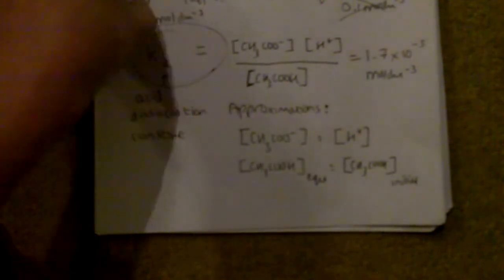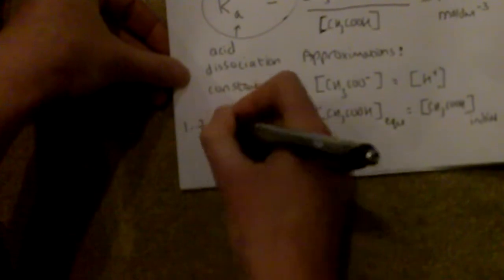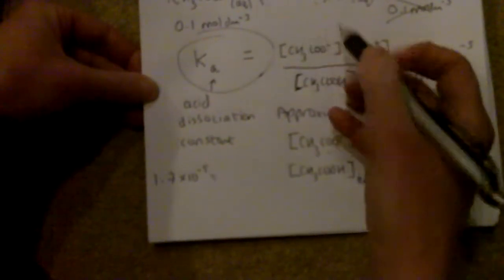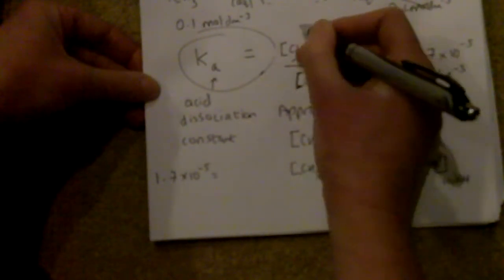Let me just squeeze it on the bottom down here. If we know that Ka is 1.7 times 10 to the minus 5, and we know that equals that, then we can put H+ there instead.